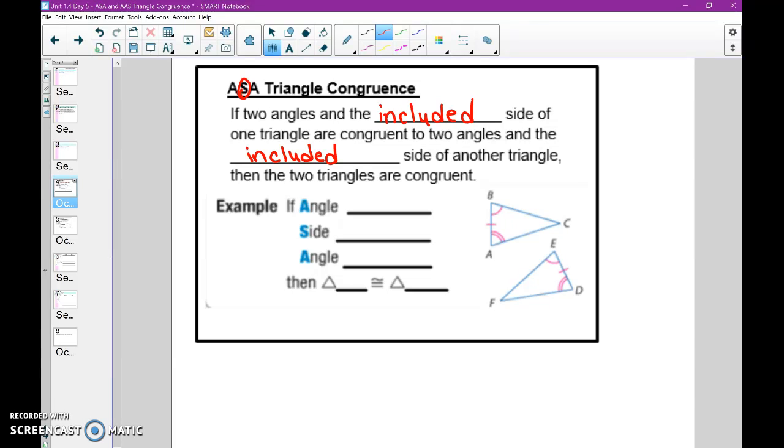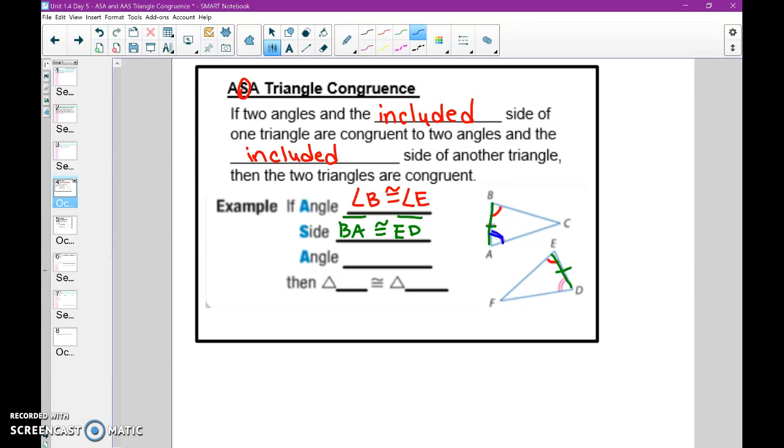So if we look at our picture, we've got angle B and angle E. So there's our first angle pair. So angle B is congruent to angle E. There's a side marked here with a little tick mark. So there's our side that's in the middle. Same thing here. So that would be BA is congruent to, let's see, ED. So there's our side.